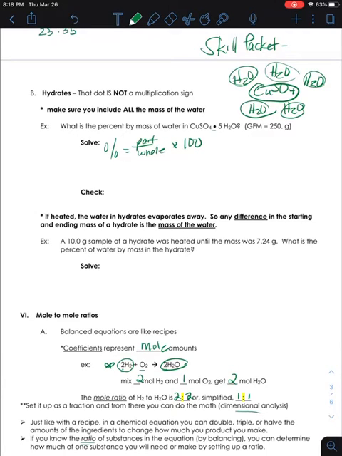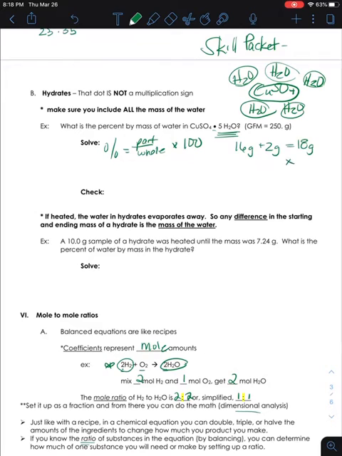They're talking about the part of water. Water is roughly 16 grams for every 1 mole. Actually, that's wrong: 16 for oxygen plus 2 grams for the hydrogen equals 18 grams for 1 mole of water.